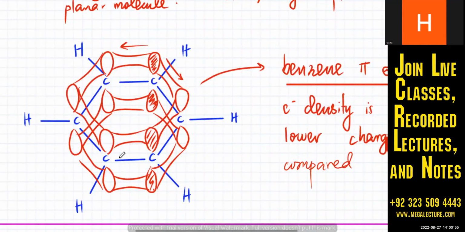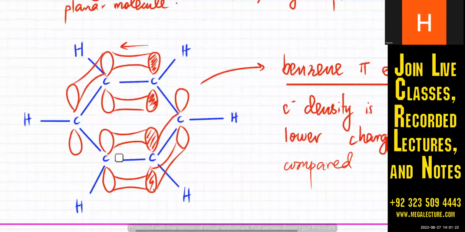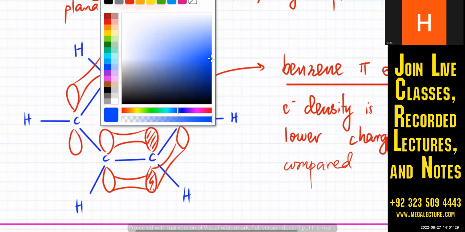So every carbon is sp2 hybridized, and let me show you this clearly. There are 3 double bonds, right?